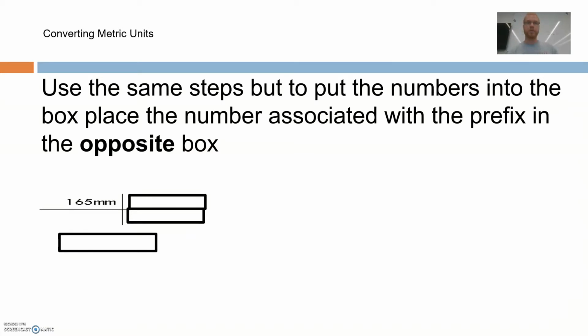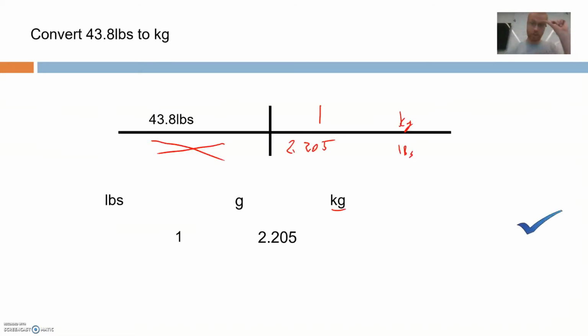Okay, now back to this one for a second, real quick. There's more than one way to do these problems. What you could have done is gone pounds to grams and then grams to kilograms.